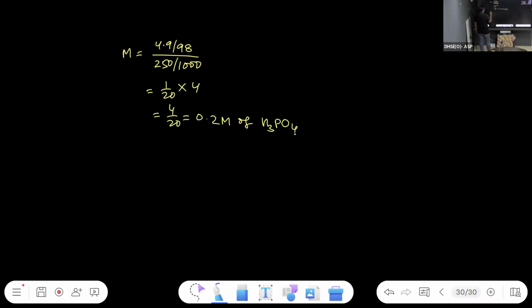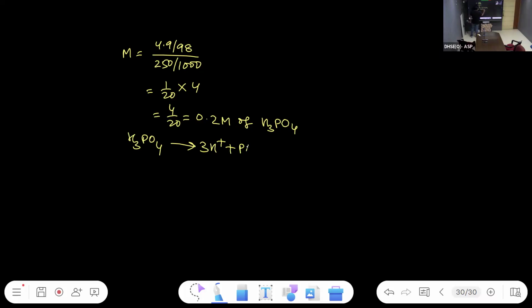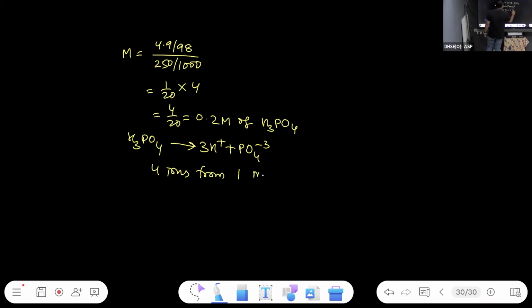Okay, so when we dissolve H3PO4, it will be dissociated to give 3H plus and PO4 3 minus. The total number of ions is 4 ions from one molecule.